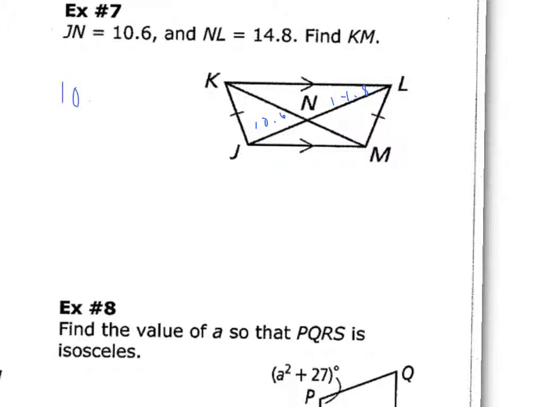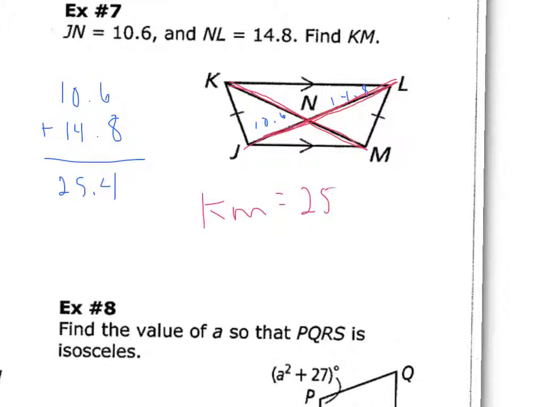You get 10.6 plus 14.8, and what does that give you? 25.4. The last property you need to know about trapezoids is that their diagonals must be congruent. So since JL is 25.4, we can go ahead and assume that KM is 25.4.